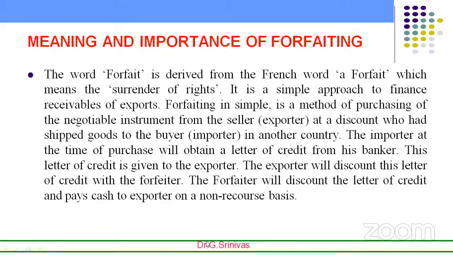The importer at the time of purchase will obtain a letter of credit from his banker. This letter of credit is given to the exporter. The exporter will discount this letter of credit with the forfeiter. The forfeiter will discount the letter of credit and pay cash to the exporter on a non-recourse basis.